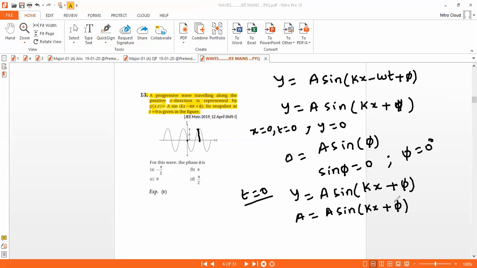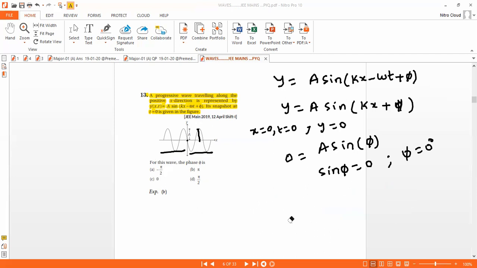Or else you can do one thing. See, this one is exactly the same now. Due to the symmetry, I can say that the phase difference will be pi. Or else phi is equal to 2 pi by lambda times delta x.